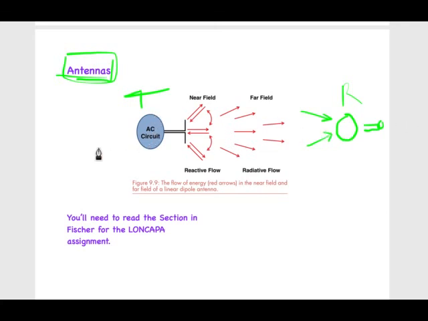So that's how radio communication works. The communication is wireless, just goes through waves, through empty space. And to create and receive those waves, you have to have an antenna. It's just a conducting wire. So you'll need to read the section in Fisher about antennas for some of the Lon Kappa problems.